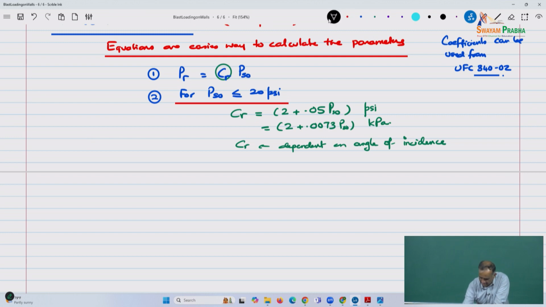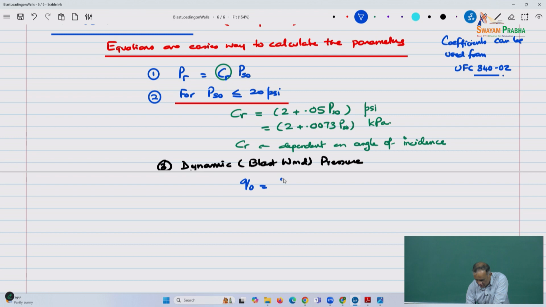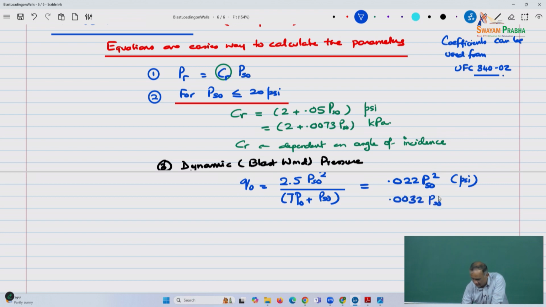Then the third equation is the dynamic or the blast wind pressure, and this expression is given as Q naught, which is 2.5 PSO square by 7 P naught plus PSO, or in a simpler form, where P naught is the atmospheric pressure, this is 0.022 PSO square in psi, or 0.0032 PSO square in kPa.